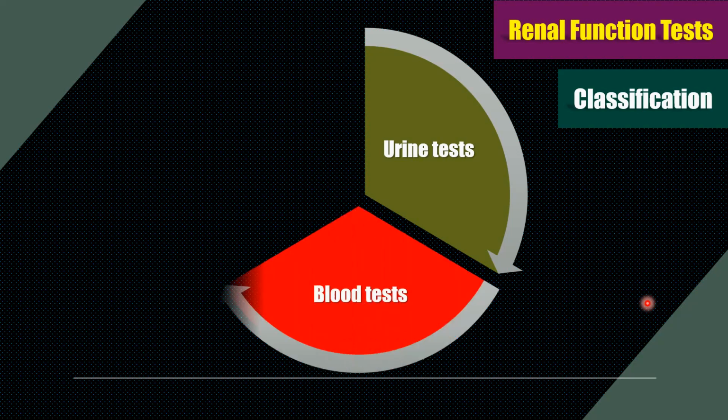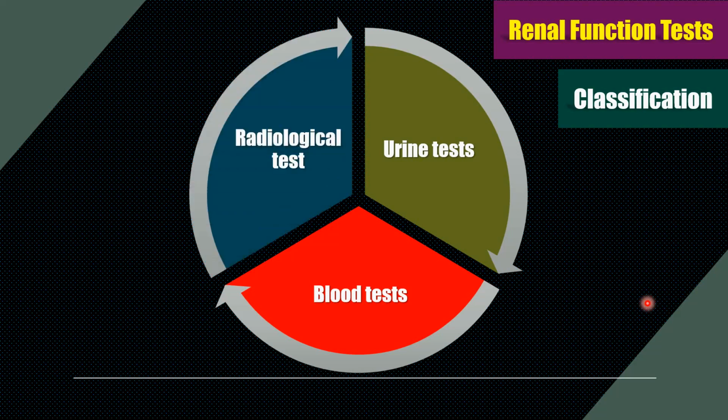The second group, the most important tests, are done after collecting the blood sample. The last group of tests, which help clinicians to diagnose various renal diseases, are imaging techniques or radiological tests. We will see these classifications one by one.